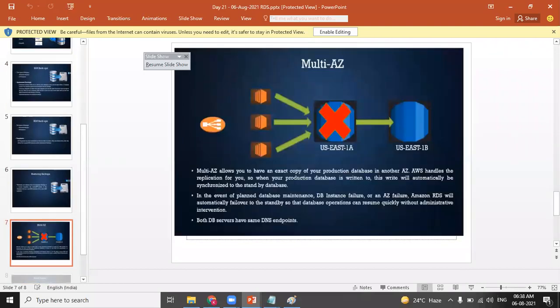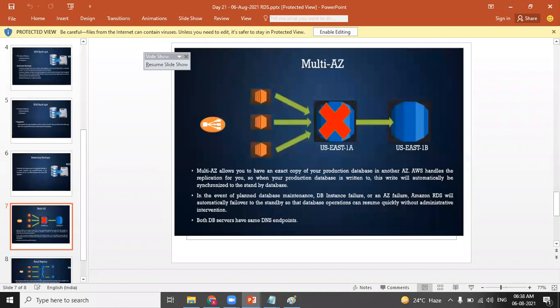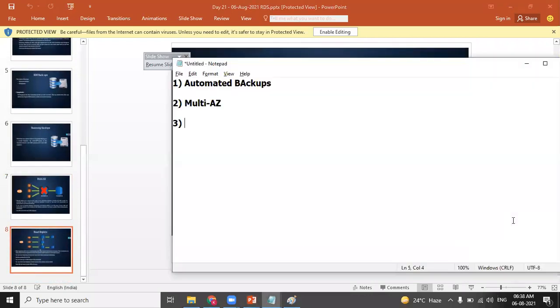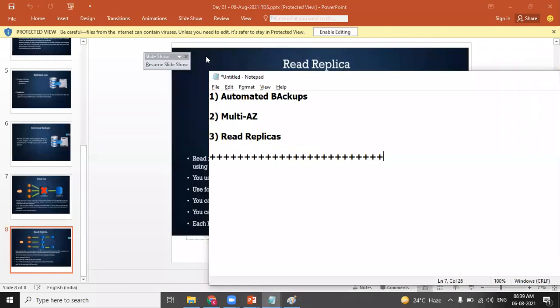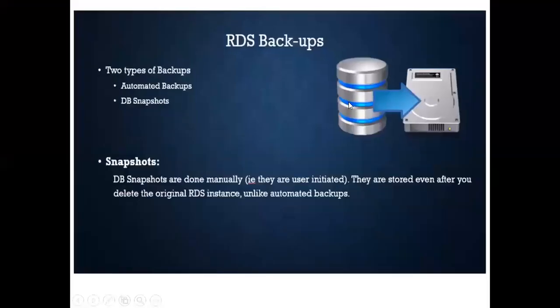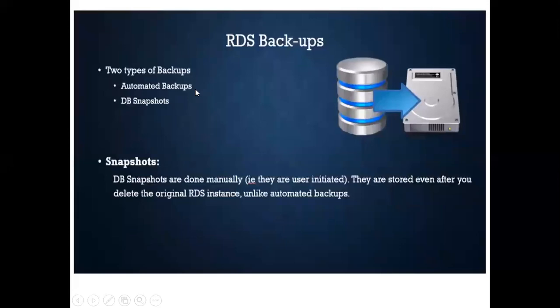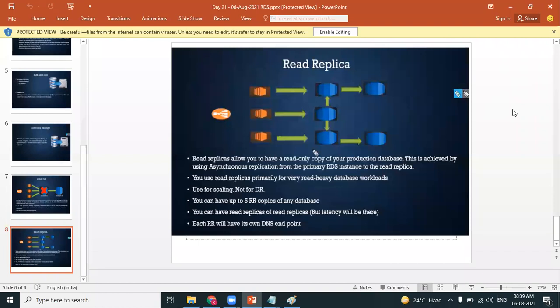Second advantage, multi-AZ feature, the multi-availability zone feature. Third advantage, read replicas. So in the interview, if they ask about RDS, you have to speak about these advantages the client gets. First advantage is automated backups. Second advantage is multi-availability zone. Third advantage is read replicas. These are the three important advantages.